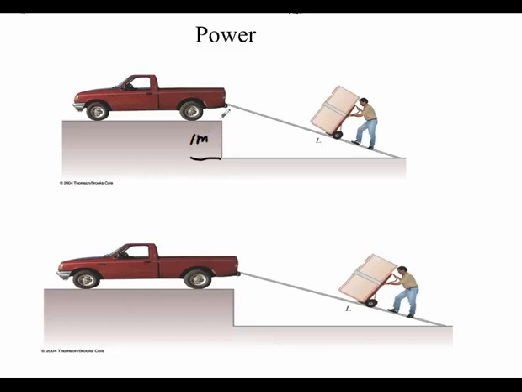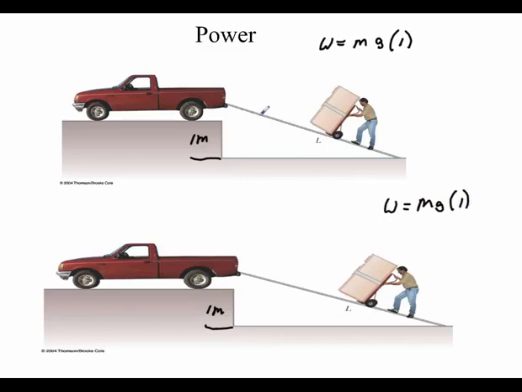Then the work that this man is going to do would be the mass of the refrigerator times gravity times 1, and that would be the work. Now the man down here would do the same thing if this distance was 1 meter. So the work this man would do would be mass times gravity times 1.